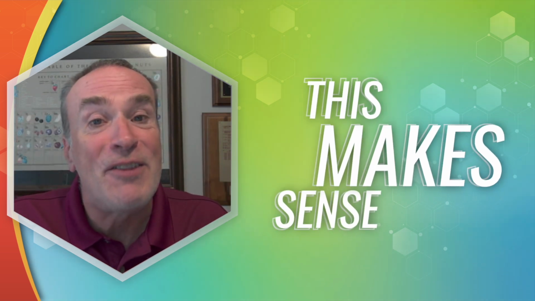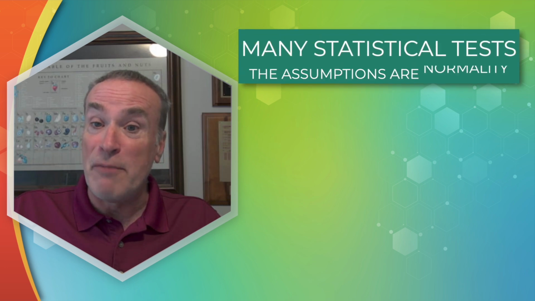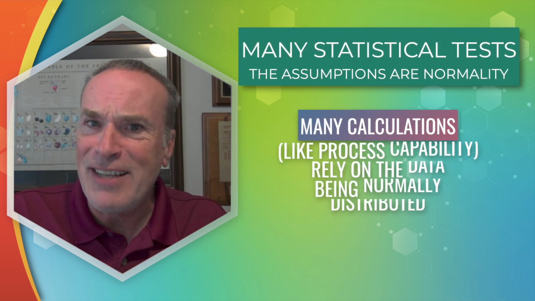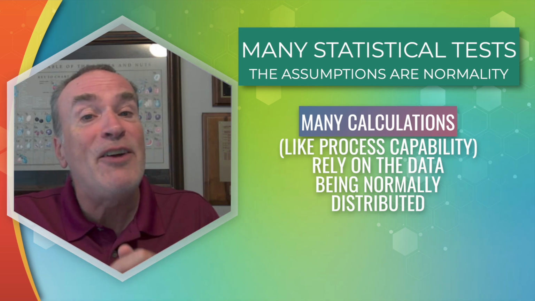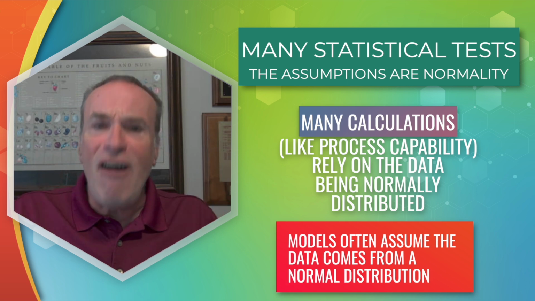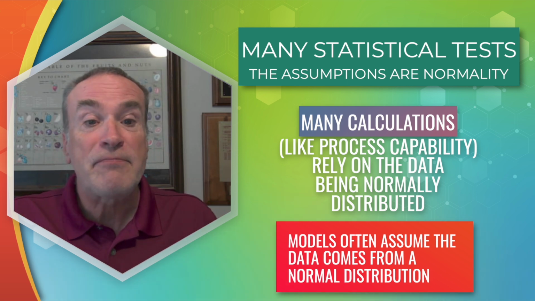Now, there are a bunch of reasons on the surface why this makes complete sense. Many statistical tests, the assumptions are normality. Many calculations, like process capability, rely on the data being normally distributed. Models often assume the data comes from normal distribution.